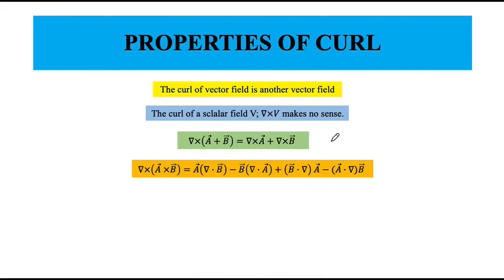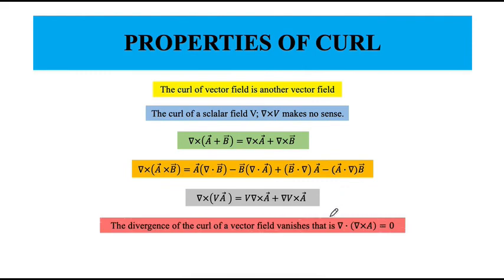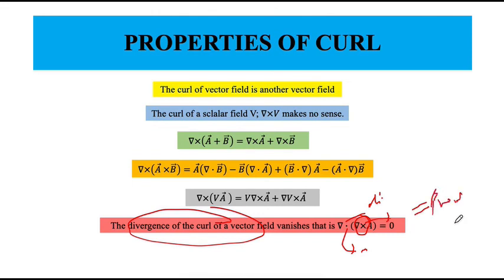Curl of a constant times a vector is obtained by this formula, and the divergence of curl of a vector field vanishes. This is curl, this is divergence; dot represents divergence, cross represents curl. So divergence of curl of a vector field is 0. I just want you to prove this, how it is true.